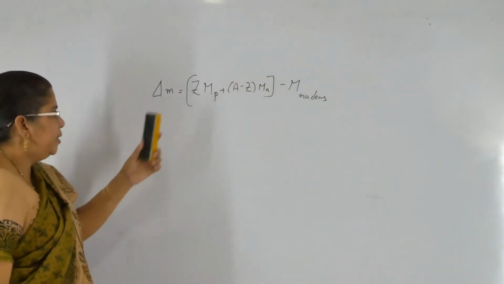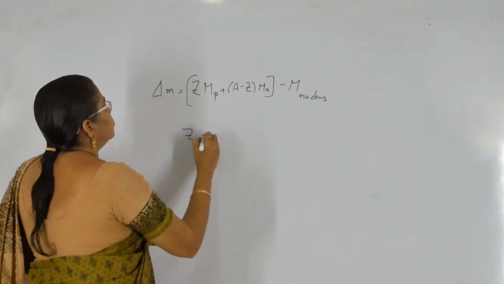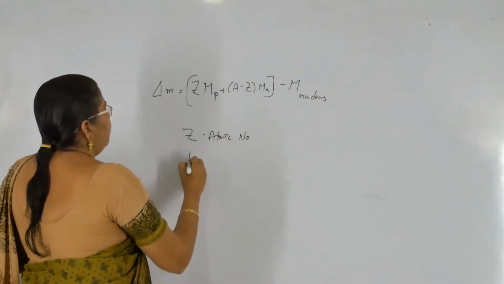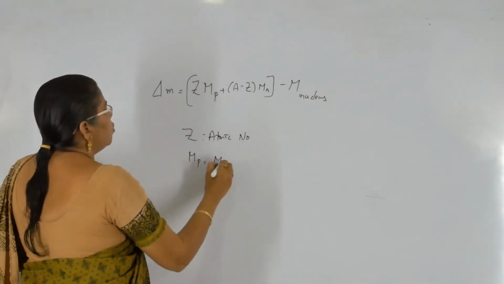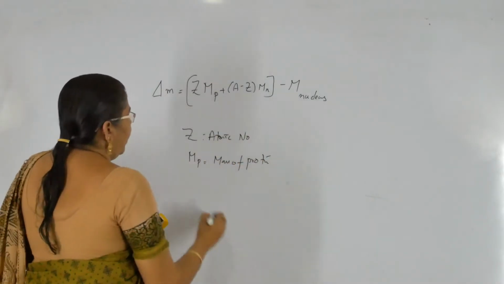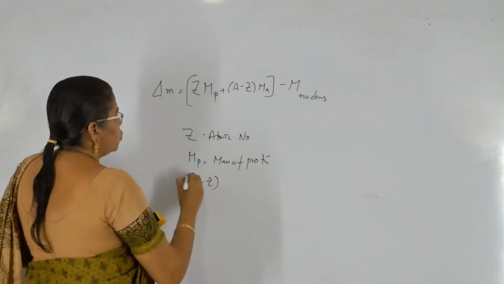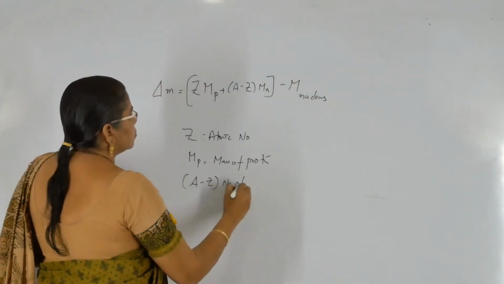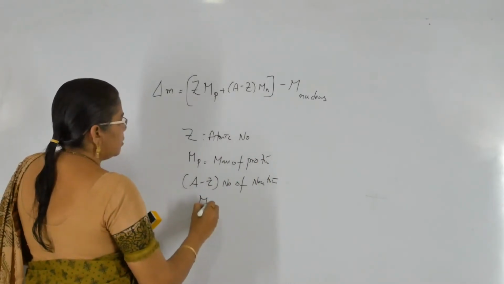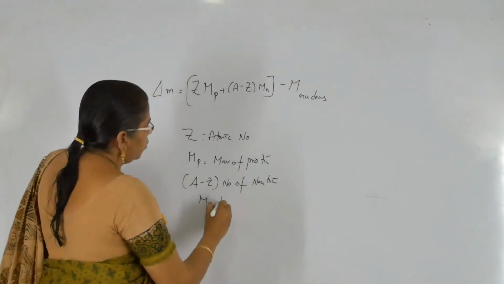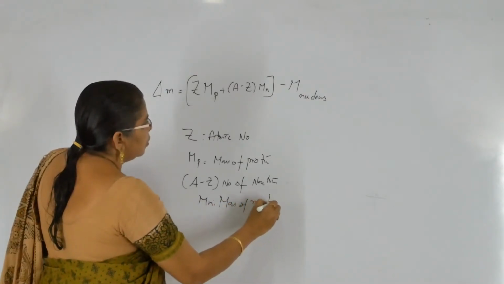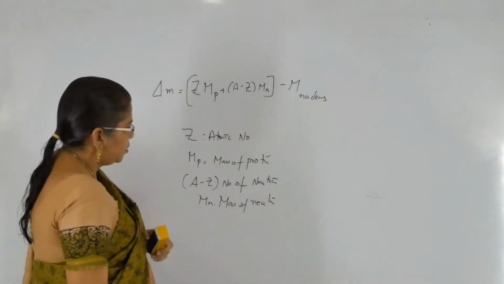Z is the atomic number, mp is the mass of the proton, A minus Z gives the number of neutrons, mn is the mass of the neutron, and M nucleus is the actual mass.